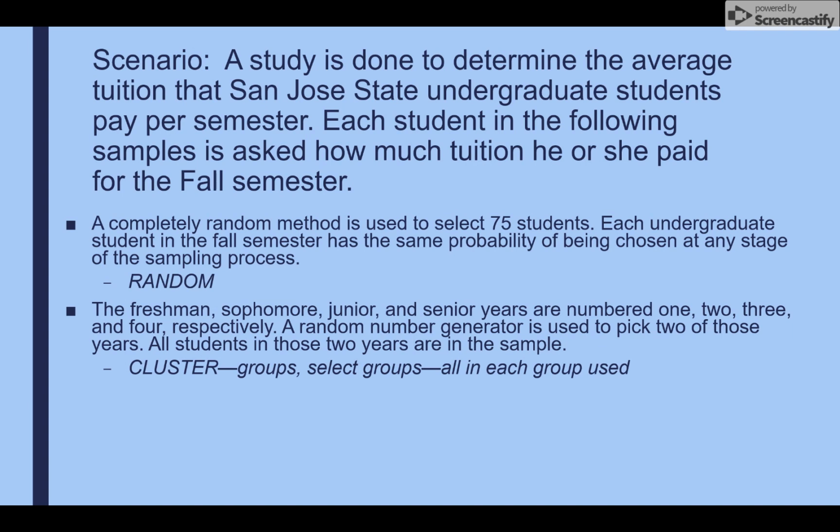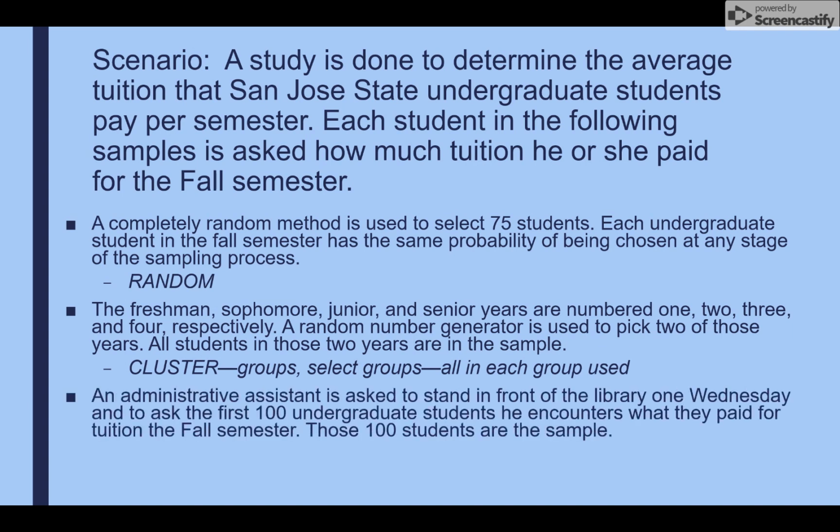That's cluster. Finally, an administrative assistant is asked to stand in front of the library one Wednesday and to ask the first 100 undergraduate students he encounters what they paid for tuition the fall semester. Those 100 students are the sample. That's obviously convenience because I have easy access to the folks going into the library.